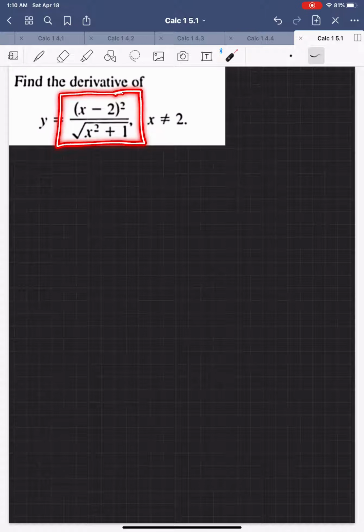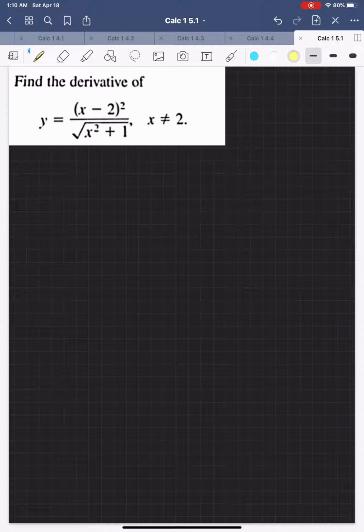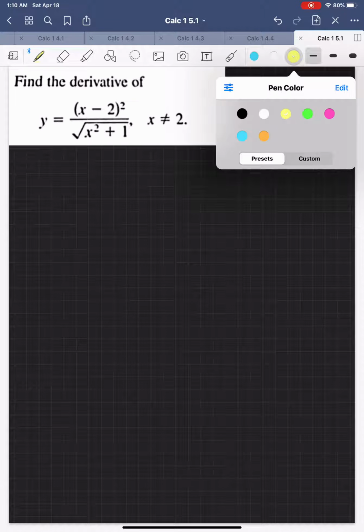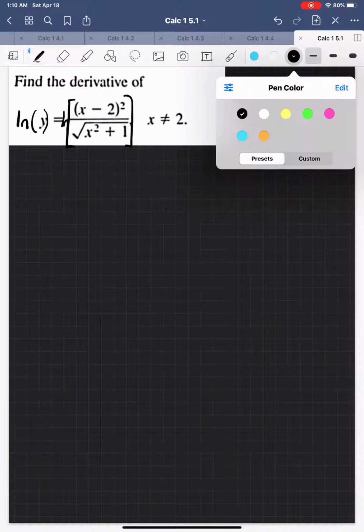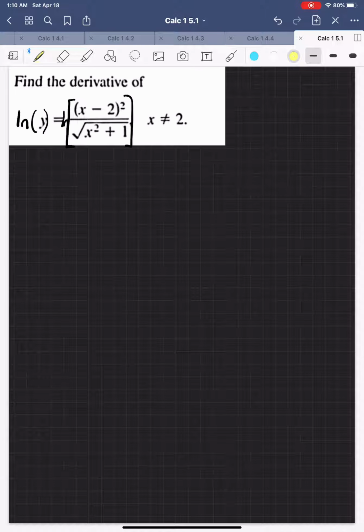There's a lot of chain and quotients going on there. So I'm telling you that you can take ln of both sides of this equation right from the beginning. If I take ln of the right side and ln of the left side of the equation, I can now use those log properties that we used in that previous problem.